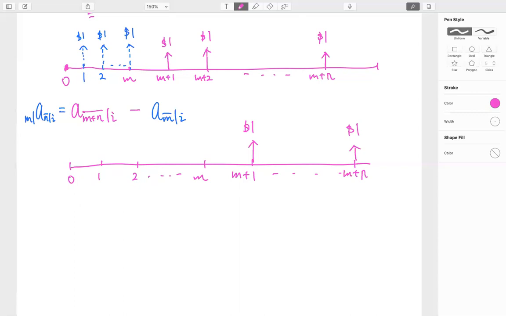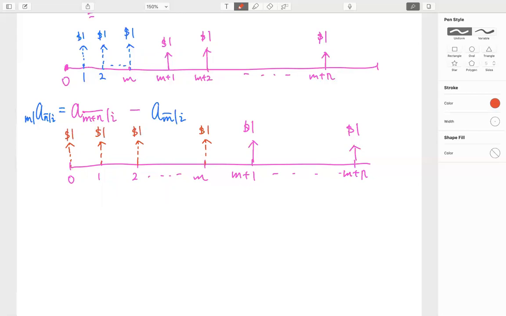I don't even need to specify whether this is annuity due or annuity immediate. It doesn't matter, right? It only depends on how you look at the timeline. So now I want annuity due. So let's try this color. Annuity due, the first payment must be made at time 0. So I add these brown payments.